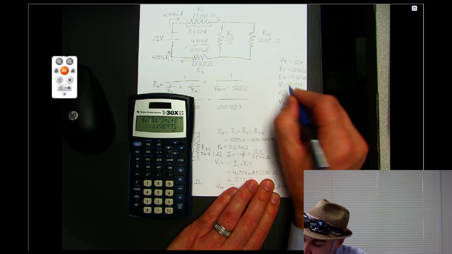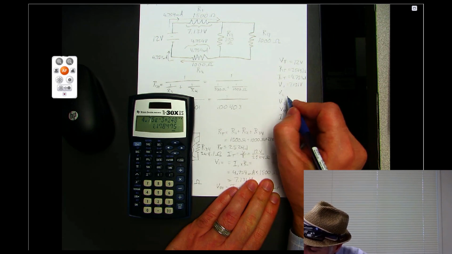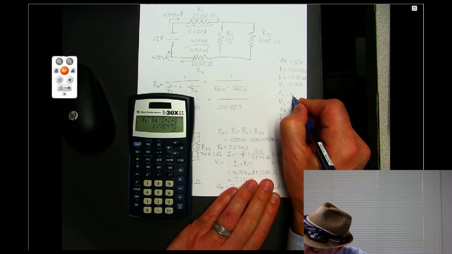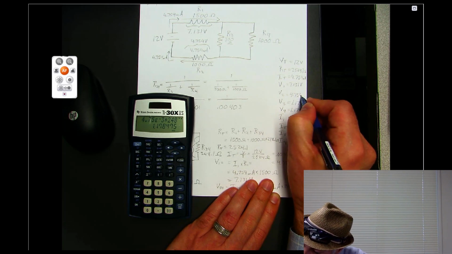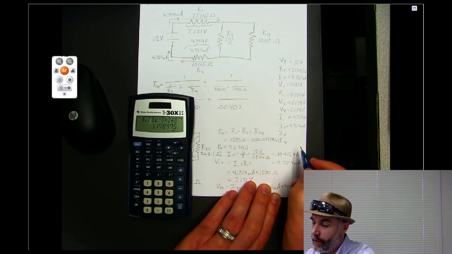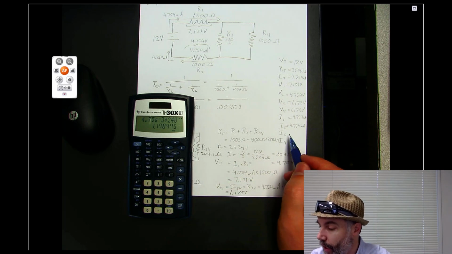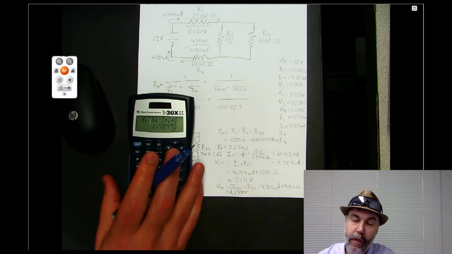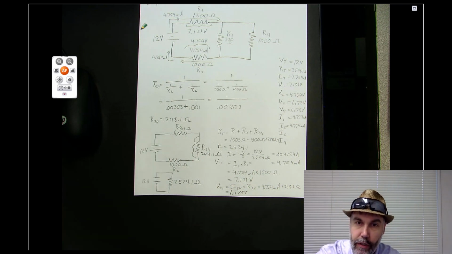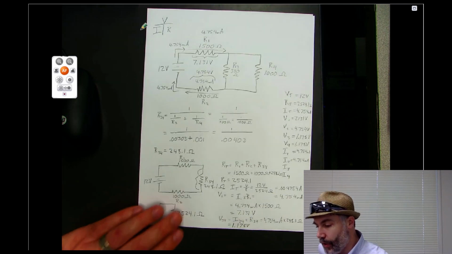And V2 is 4.754. And so then the only thing left is I3 and I4. And we can figure that out using Ohm's law.